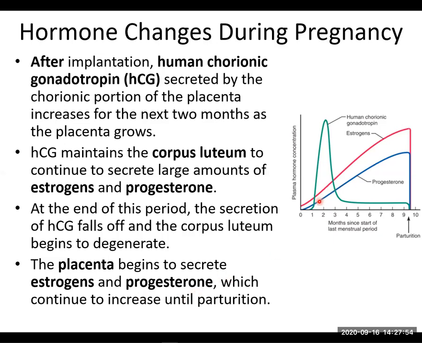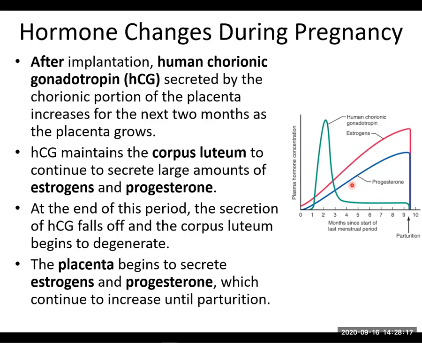So we can see that the estrogen and the progesterone are not changed, because in the beginning it's provided by the corpus luteum, but after the drop of the HCG, the placenta takes this job and continues to produce the estrogen and the progesterone.